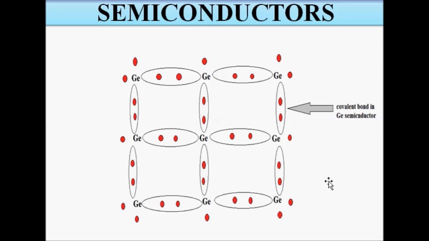So here those 4 valence electrons are taken into consideration as they are involved in the formation of covalent bonds.